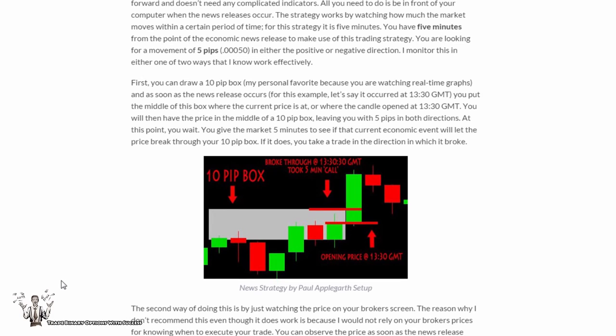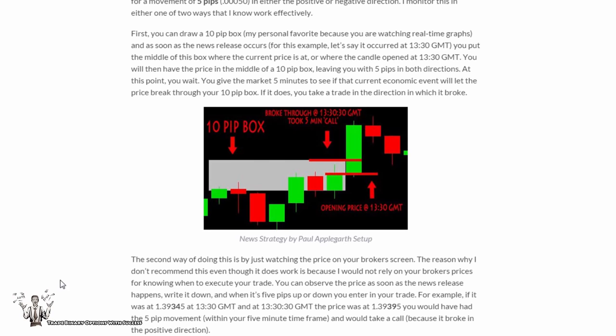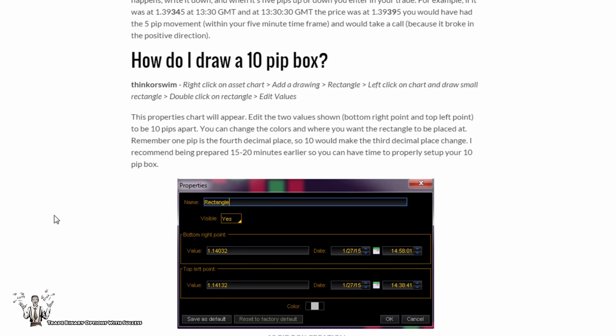It sounds kind of funny, but the 10-pip box really works well. What I use it for is analyzing the market, setting up my box right next to the current price to see where the market is going to be moving. In this guide, I fully explain how to draw your 10-pip box in Thinkorswim if you're using that charting software. Other software I'm not too familiar with, but I'm sure you can do it.